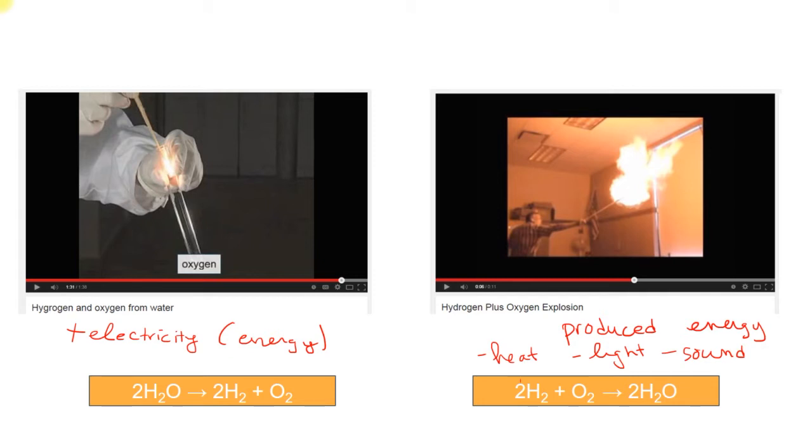Sound is energy traveling through space. So we're producing a lot of energy from this reaction. In fact, we're producing as much energy in the right-hand reaction as we put into the left-hand reaction because these are opposites. So one of them costs energy, and one of them produces the same amount of energy that was used up in the prior reaction.